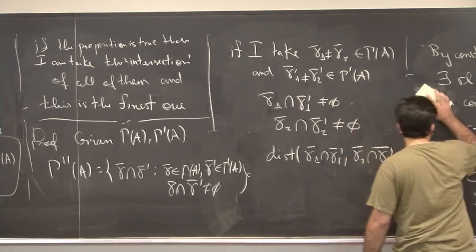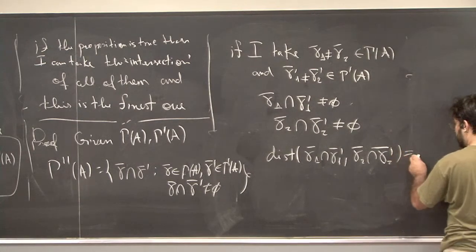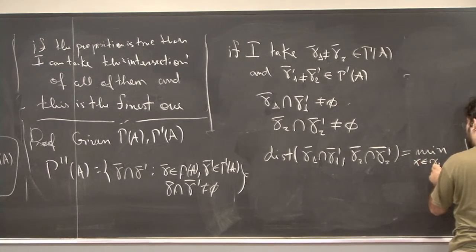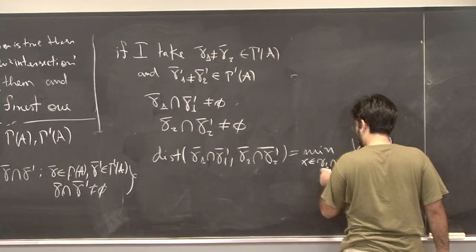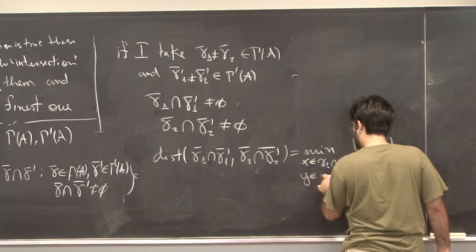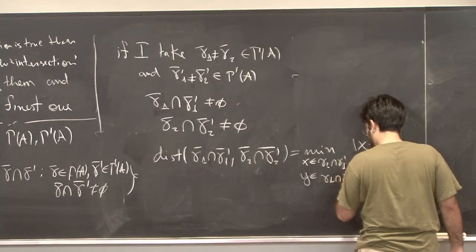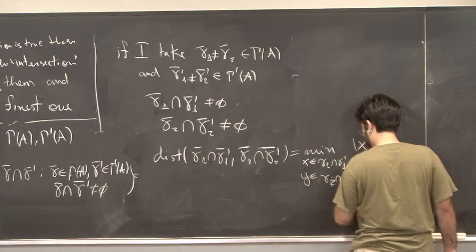So remember that the distance between two sets is just the minimum over all the distances of x and y. So this is just the minimum of the distance xy, where x is inside this set, gamma 1 prime, and y is inside gamma 2 prime.